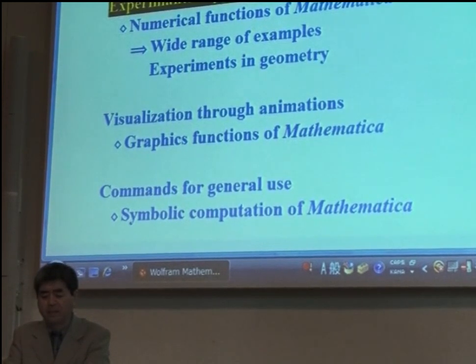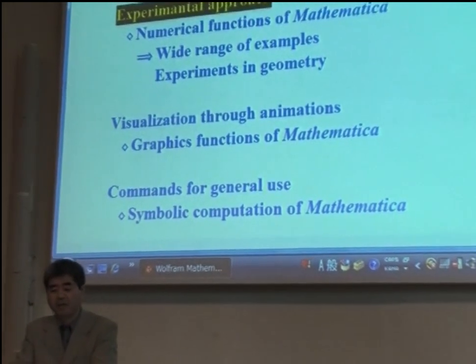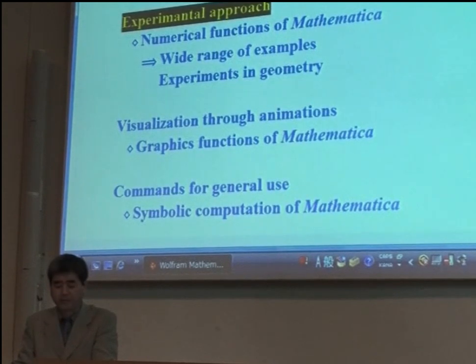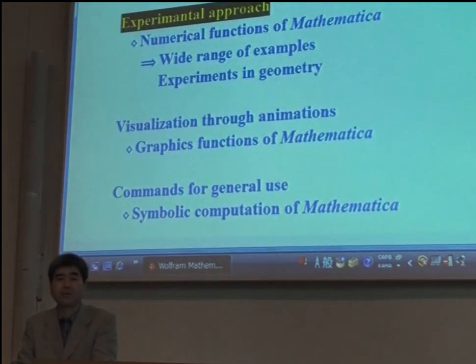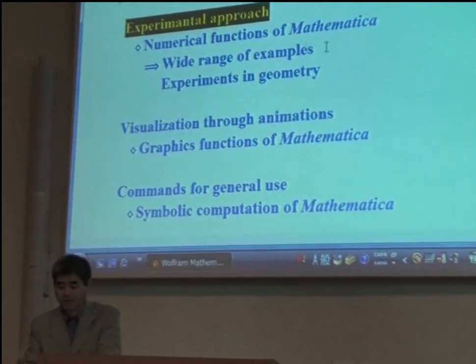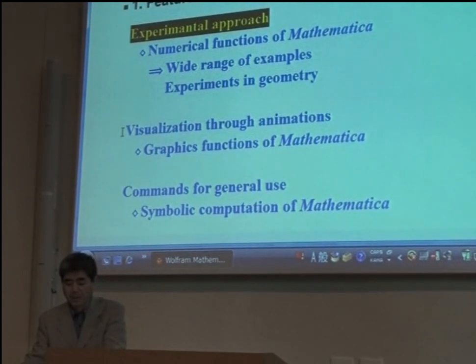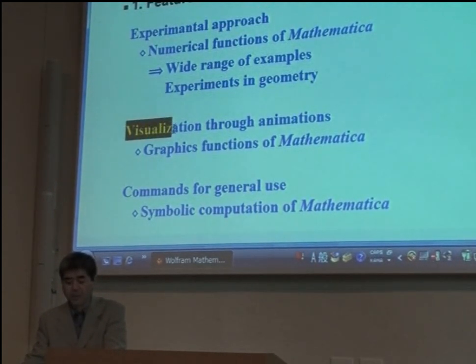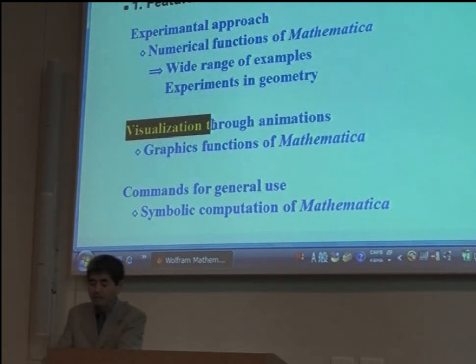This makes it possible to extend the range of examples tremendously, and even to do some kind of experiments in differential geometry. Secondly, I put stress on visualization of the objects that appear in differential geometry through animations, making use of various graphics functions of Mathematica. These graphics functions are improved very much in version 6.